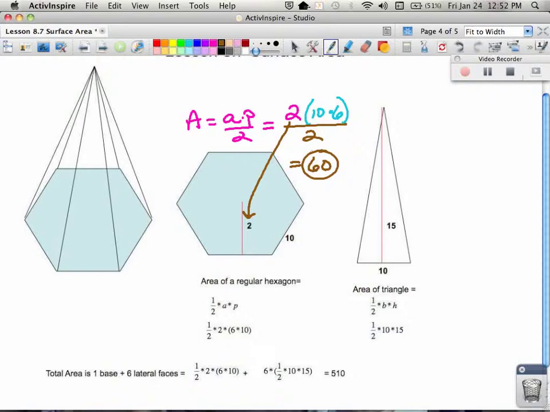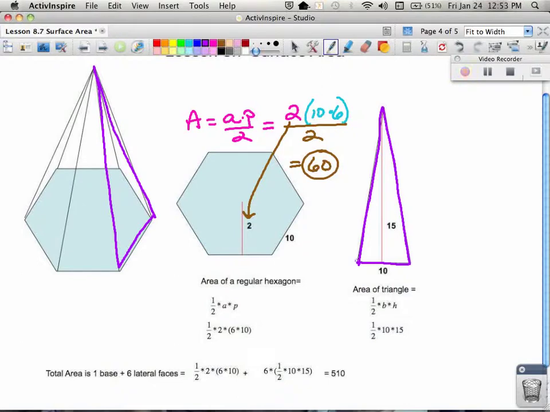Now, we move on to the lateral faces. This lateral face is a triangle. And since we have a hexagonal pyramid, we have 6 of these. For one triangle, we have a base of 10 and a height of 15.